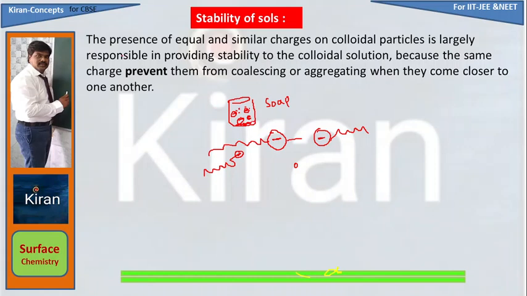That point is being explained: the presence of equal, same and similar charges on colloidal particles is largely responsible for providing stability. Hence, the colloidal solution is more stable and will not clot.